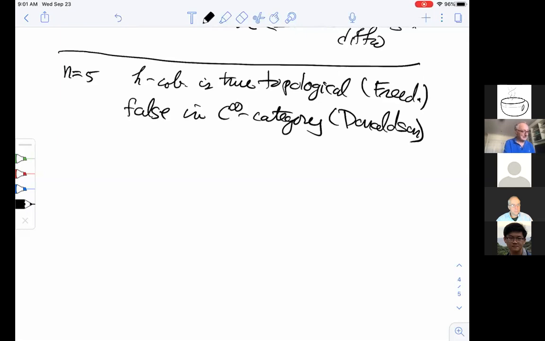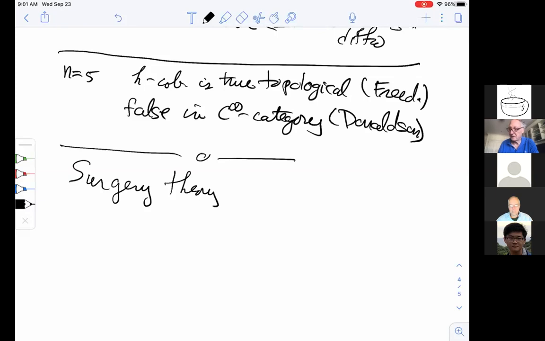All right, so that's the status in low dimensions of the H-cobordism theorem. And let me just say, I'm not going to pursue this any further. I've talked about applying this tool to study homotopy spheres. In fact, the whole theory in smooth, PL, and eventually purely topological topology that developed around or using the H-cobordism theorem is called surgery theory.